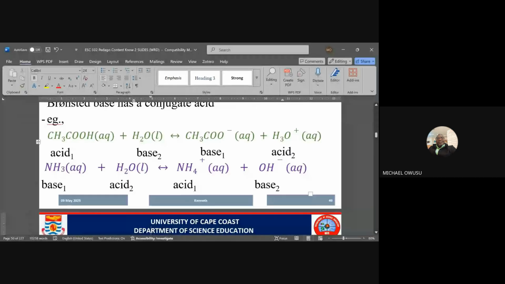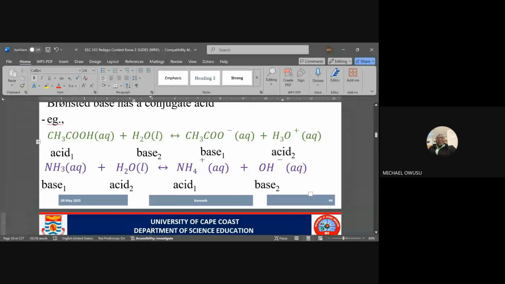So in that case, that base, which is CH3COO minus, has this conjugate acid as the acid 1. And in reverse, the hydronium that has 3 hydrogens, donating a hydrogen to the base 1, acts as an acid.